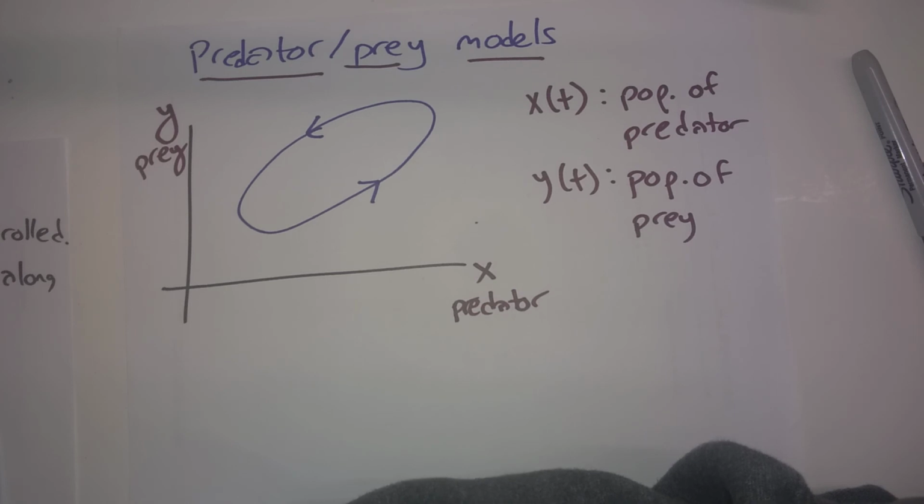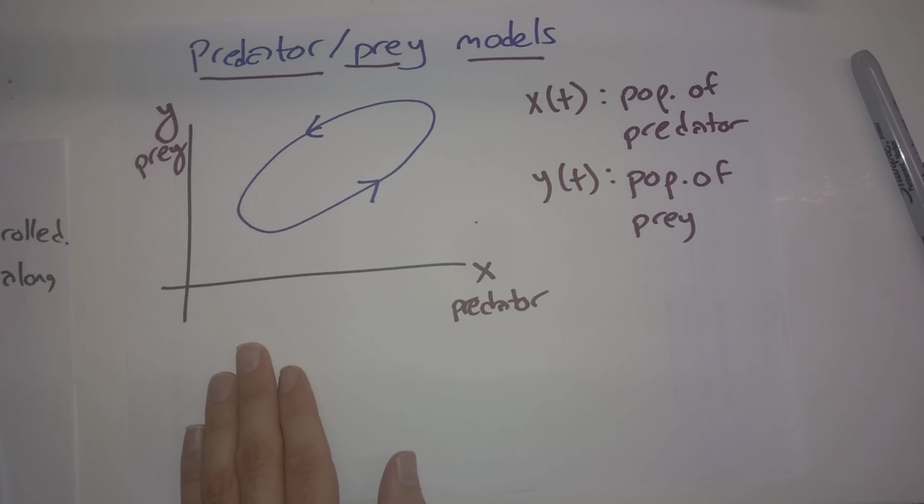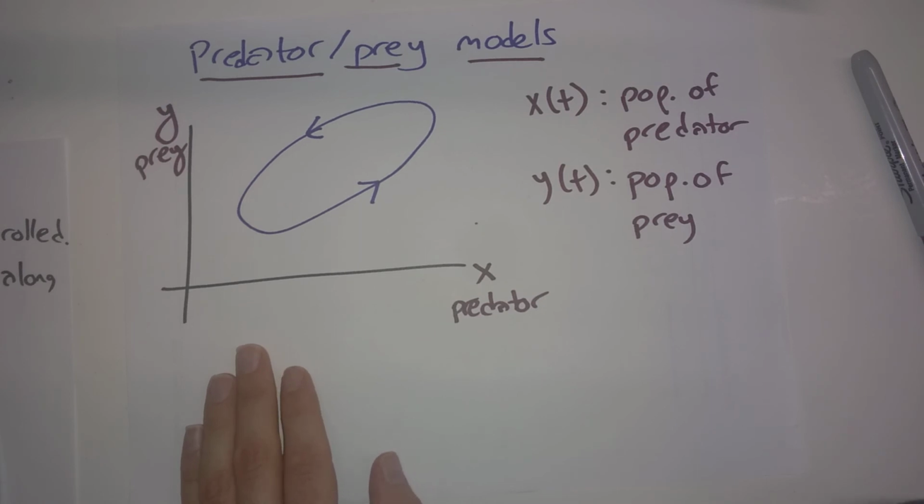And so the predator is going to eat the prey, and then the number of prey is going to start going down. But because you have fewer prey, there's not enough food to support the predators, so the number of predators is just going to go back down. So you end up with a kind of loop like this. Again, this comes up a lot in differential equations.